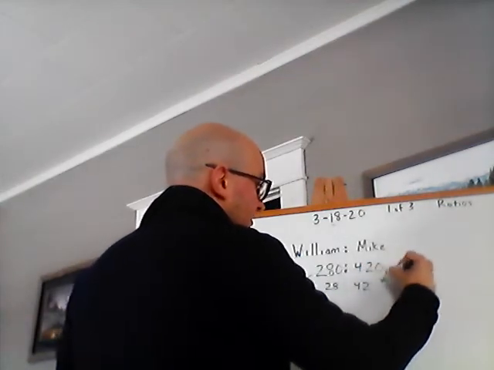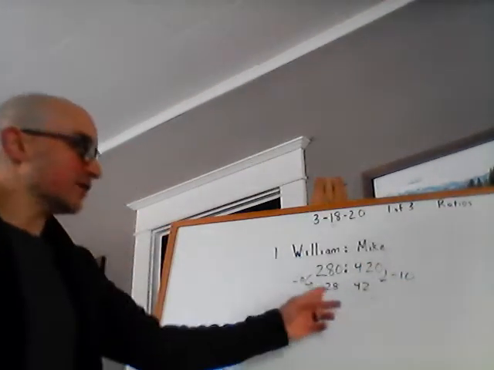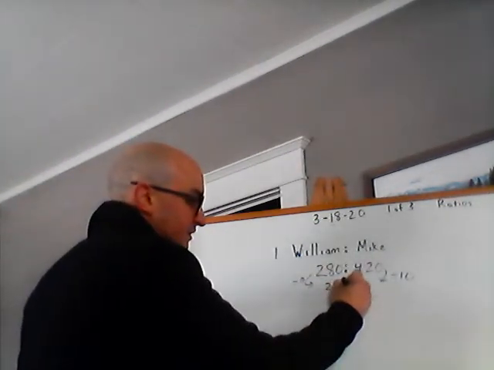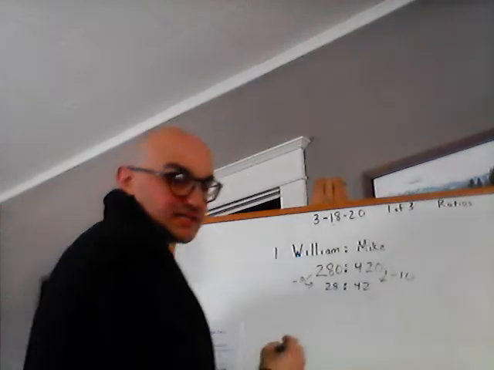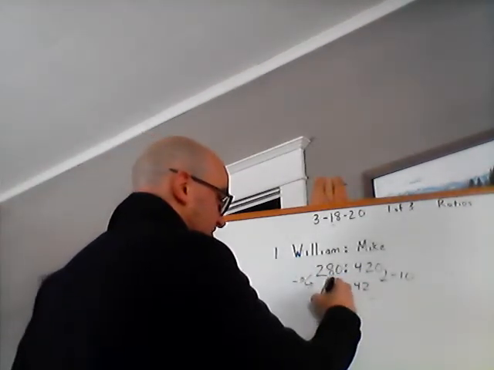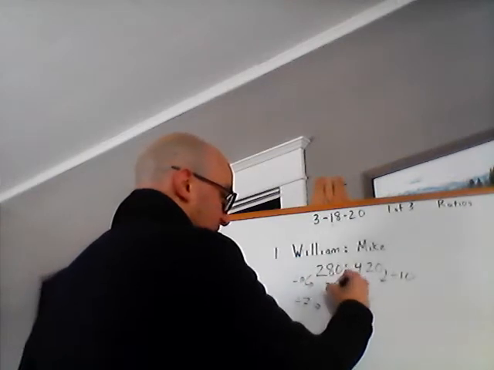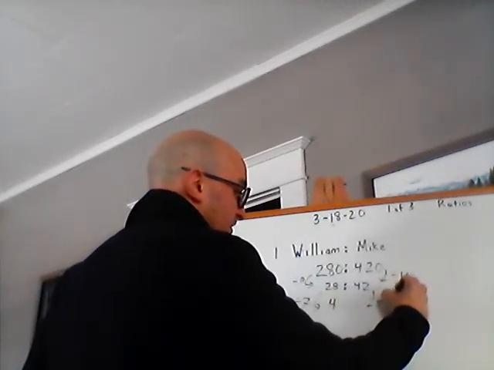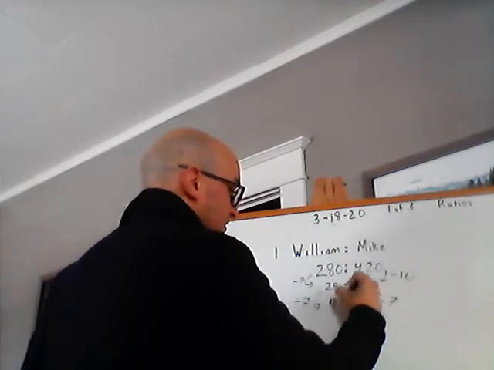Okay, but my brain tells me right now 28 and 42 are multiples of 7. In other words, I can multiply something by 7 to get 28, something by 7 to get 42. So let's divide by 7, and we get 4, and divide by 7, and we get 6.